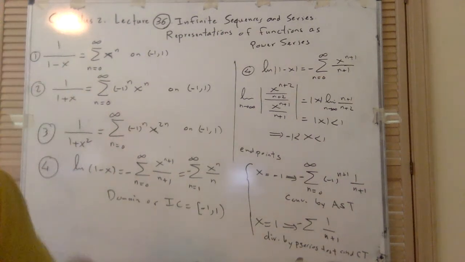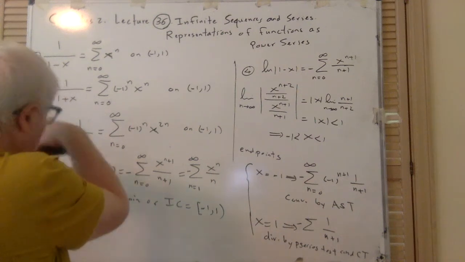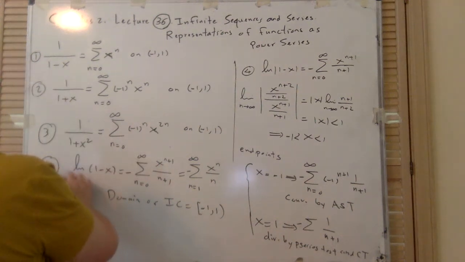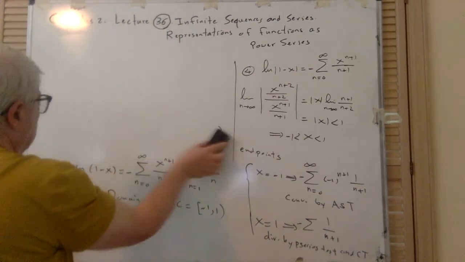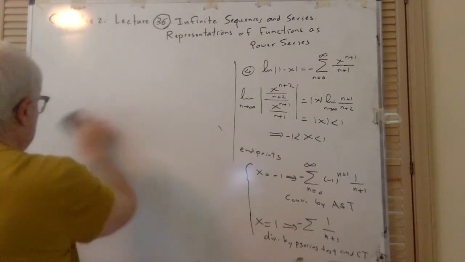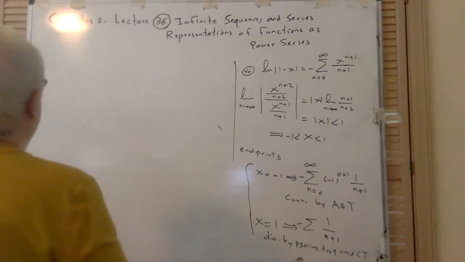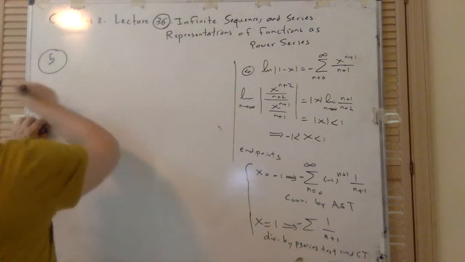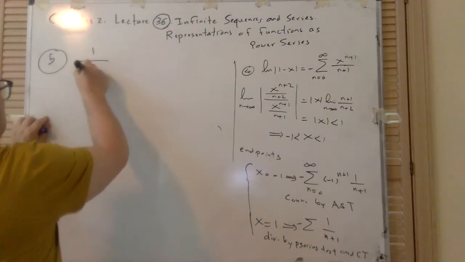So it was number 1 I picked. Let's take number 3 and see what this one gives me. Okay, so number 5 will be this. Number 5 is, let's take 1 over 1 plus x squared.